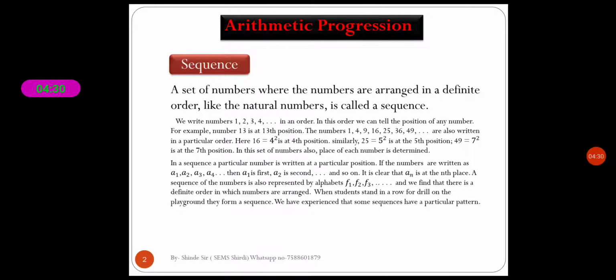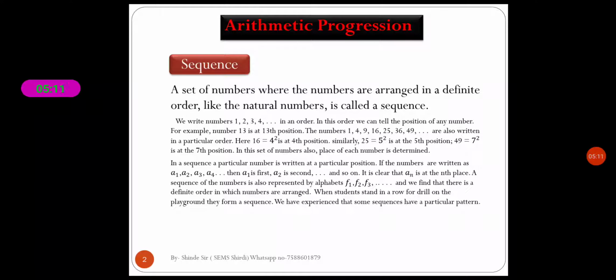Now suppose we write a sequence in the form a1, a2, a3, a4 and so on. Here a1 represents the first number of a sequence, a2 the second position, a3 the third, a4 the fourth, and so on, and an represents the nth position of a sequence.